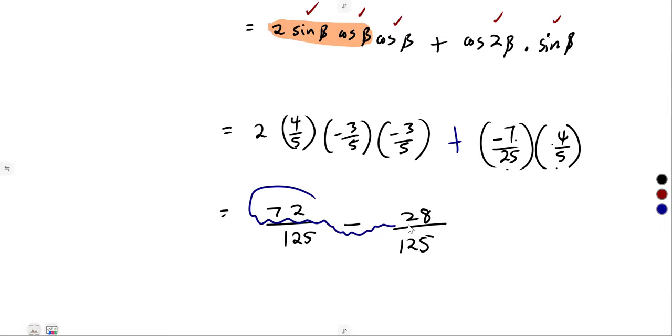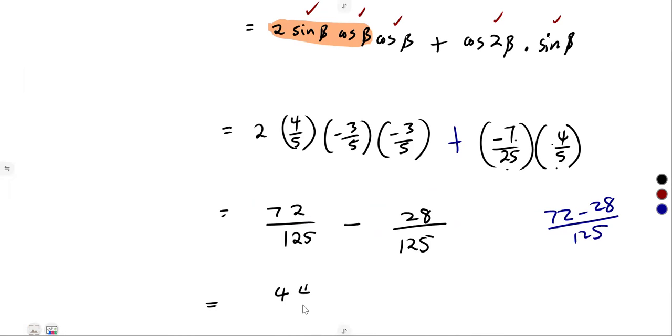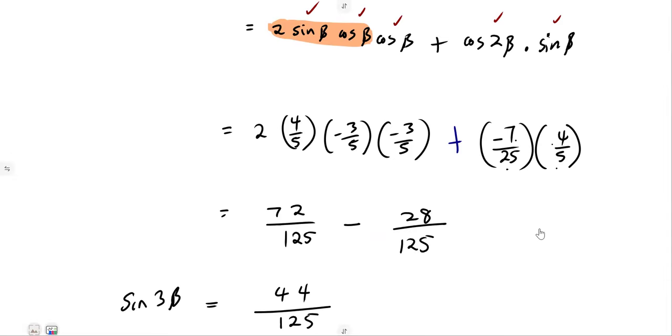As the denominators are the same, simply combine the numerators. 72 minus 28 over 125 gives us 44 over 125.